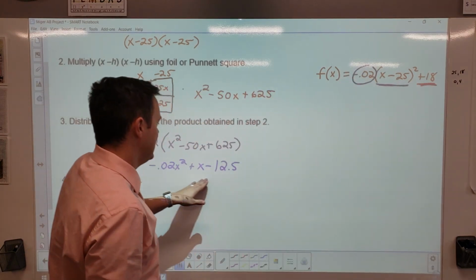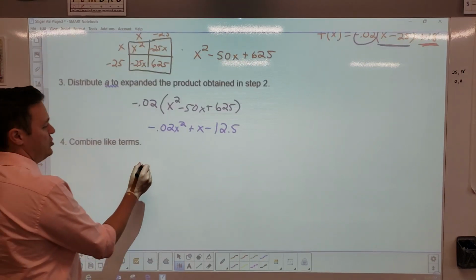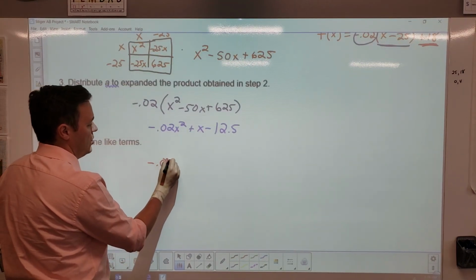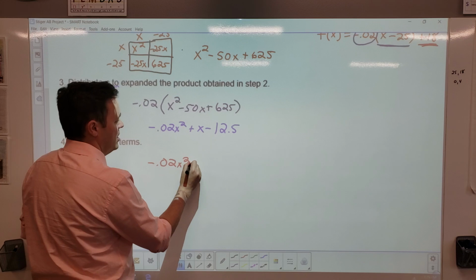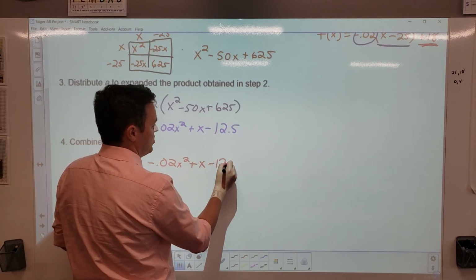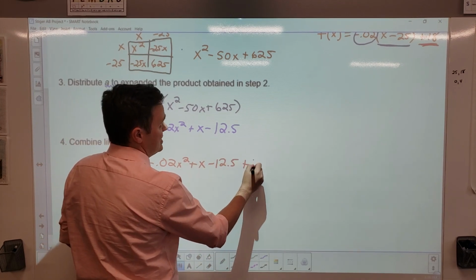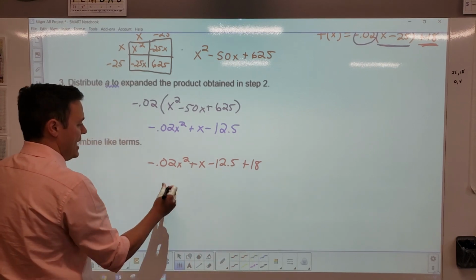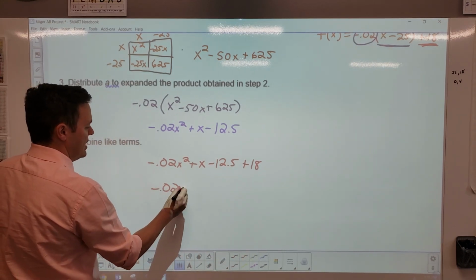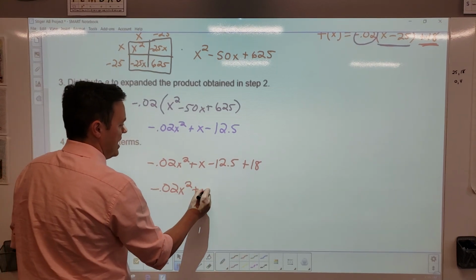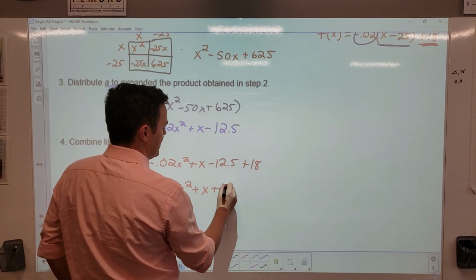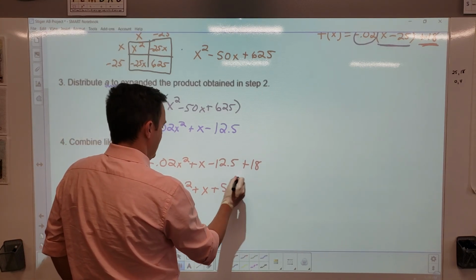So I've got to put the 18 in here. So that's what you do right now. Negative 0.02x squared plus x minus 12.5 plus 18. When you add that together, you set it up, plus x, and then it's going to be plus 5.5.